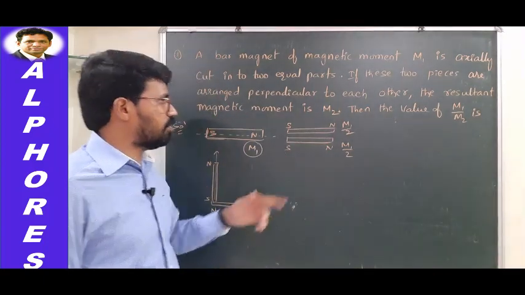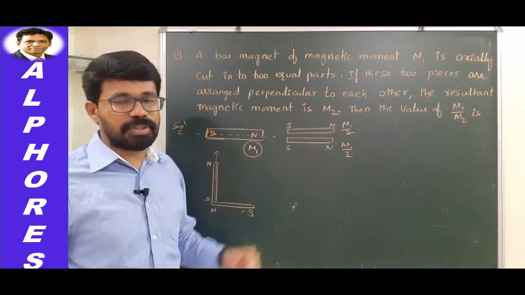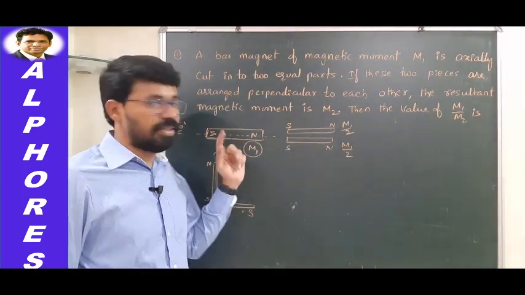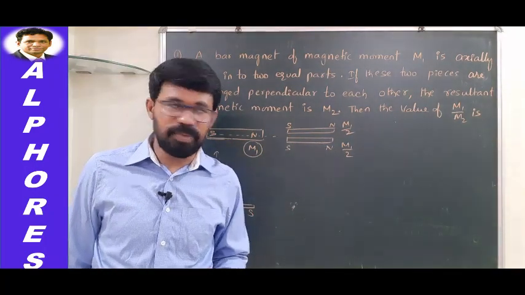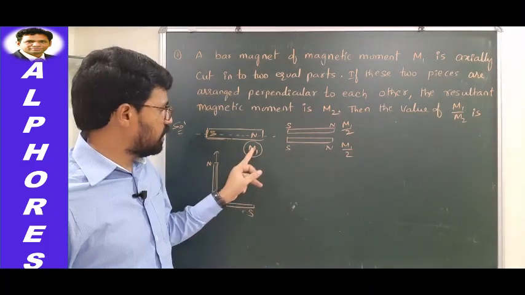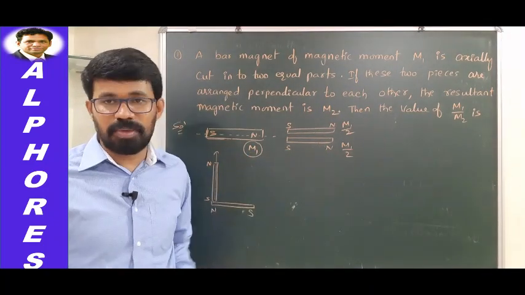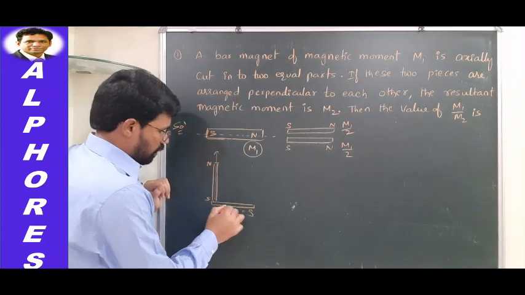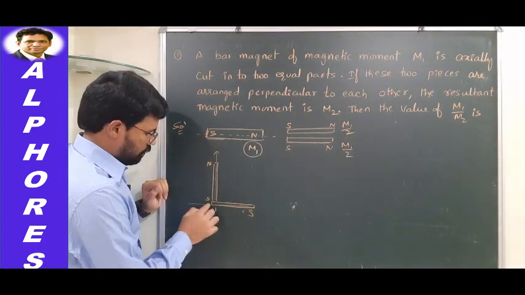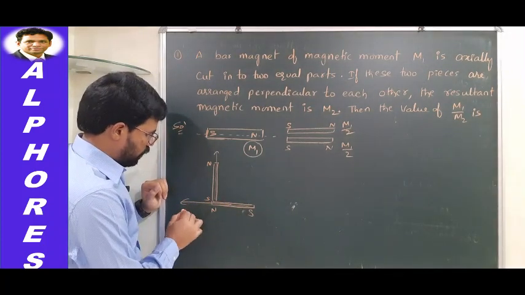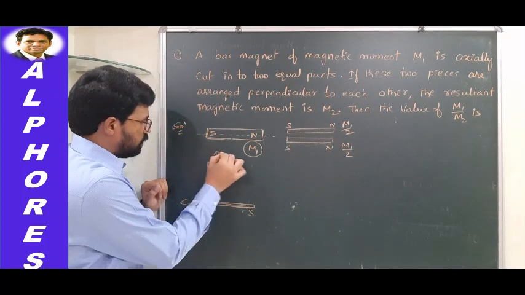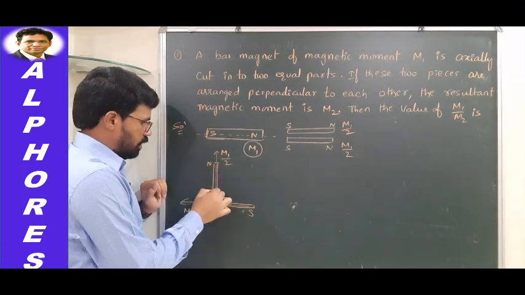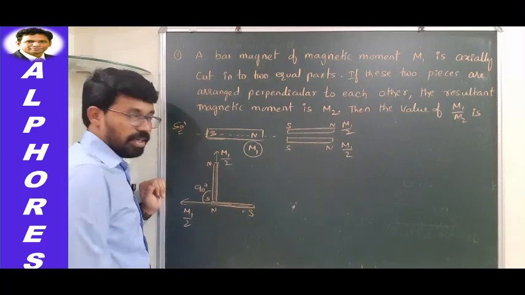Since pole strength becomes half, the magnetic moment of these two individual pieces also becomes half of the original magnet's magnetic moment. So along this direction you have M1 by 2 and along this direction you have M1 by 2, and both are at 90-degree angle.